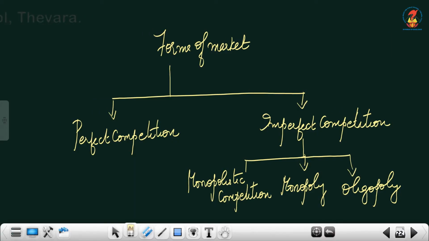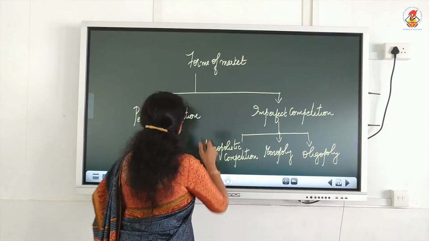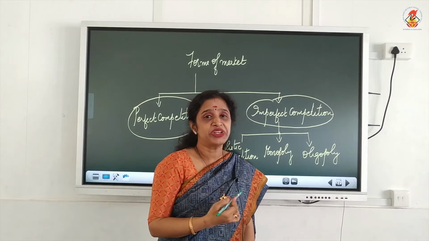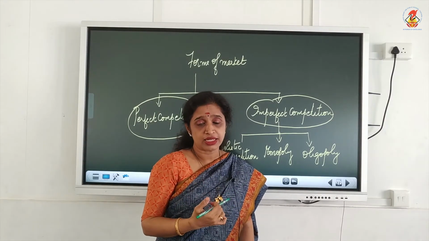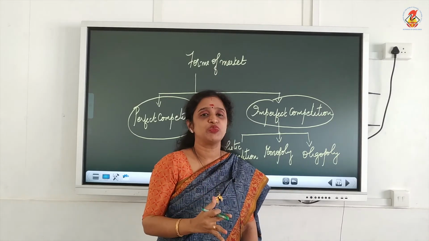Now, we will move on to the different forms of market that you have to learn in microeconomics. The two main forms of market are perfect competition and imperfect competition. I told you in the market there is competition among the sellers, isn't it? Now, there are 2 types of market forms mainly which we have to learn.